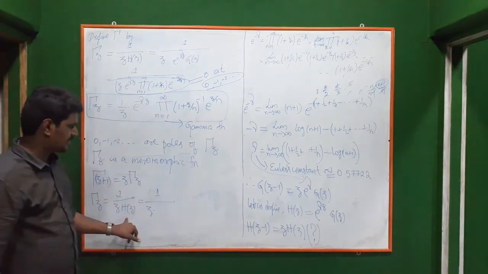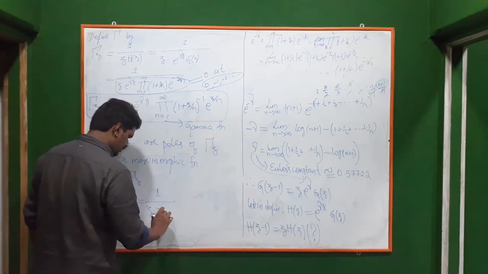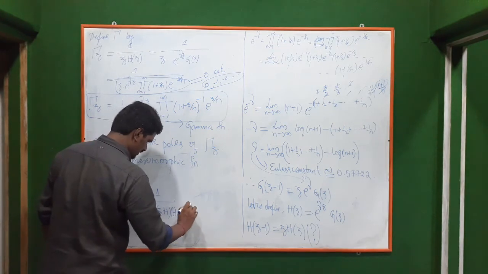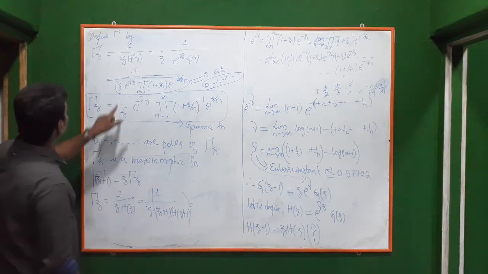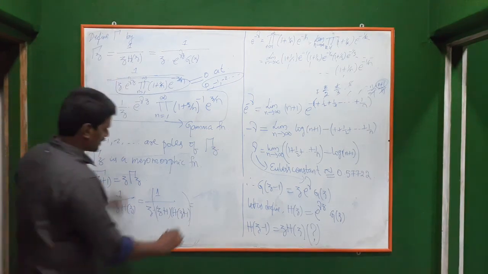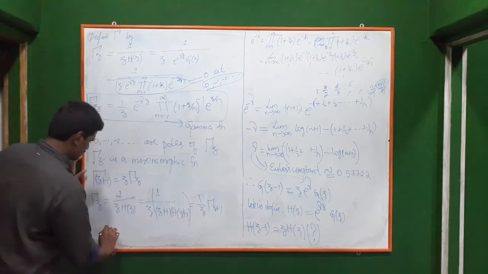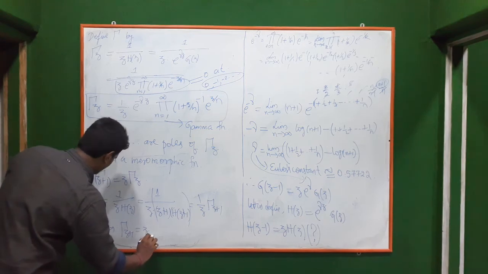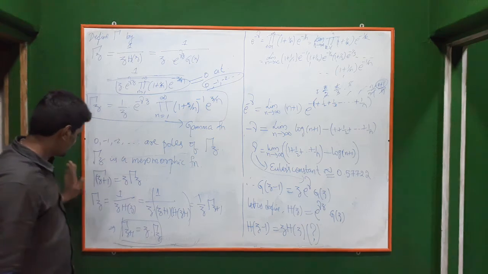Here h of z is there. So it will be z plus 1 into h of z plus 1. Z plus 1 into 1 by this thing will be what? Gamma of z plus 1. So 1 by z into gamma of z plus 1. So this implies gamma of z plus 1 is z into gamma of z. So this is one property.